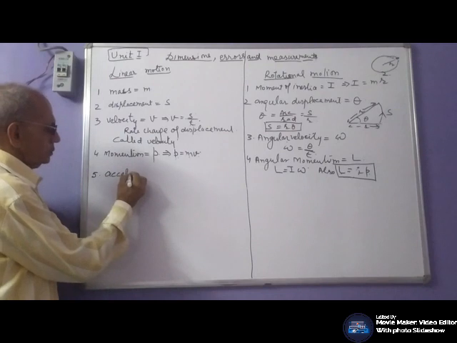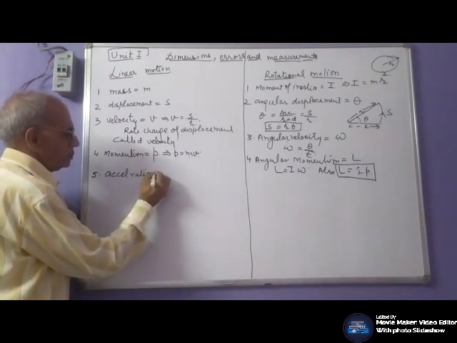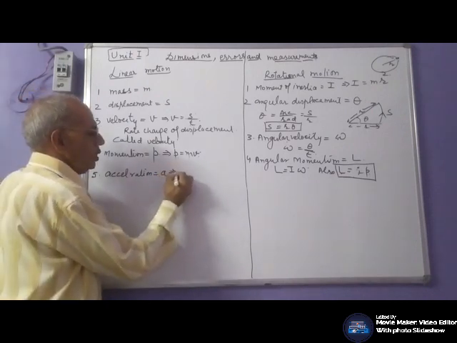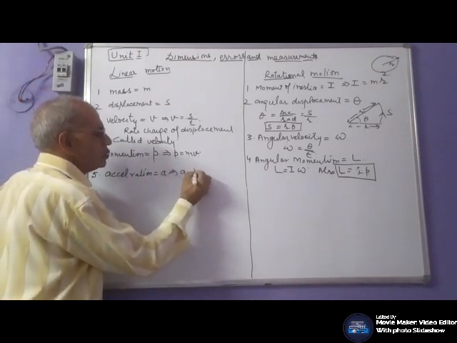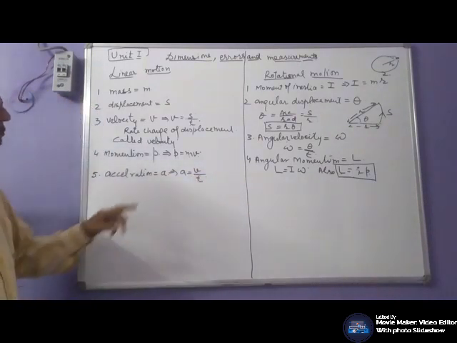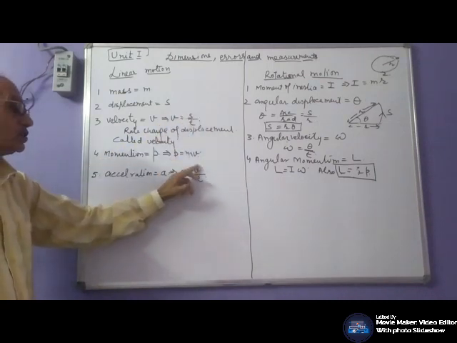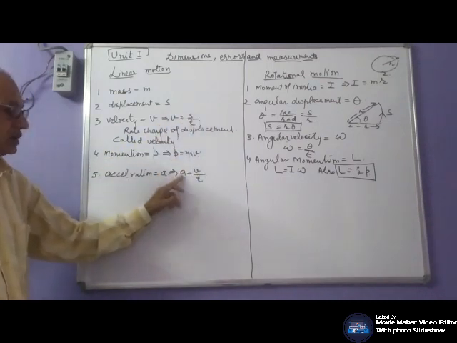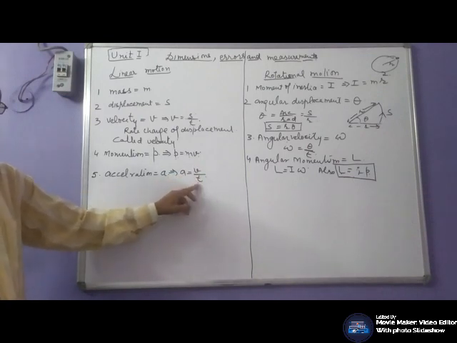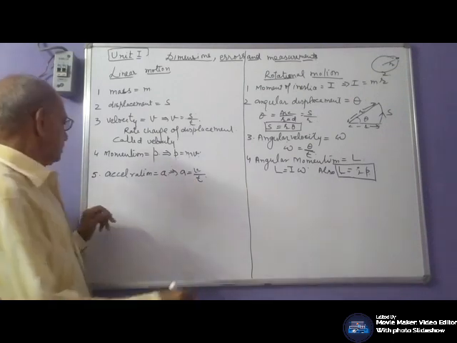Acceleration, symbol is a, and a is V by T. Rate of change of velocity is acceleration when velocity is increasing. Rate of change of velocity, with time below.